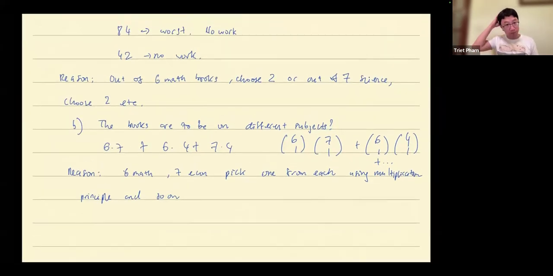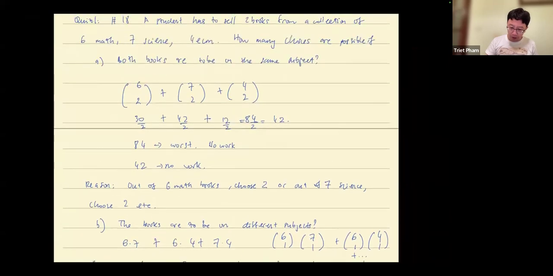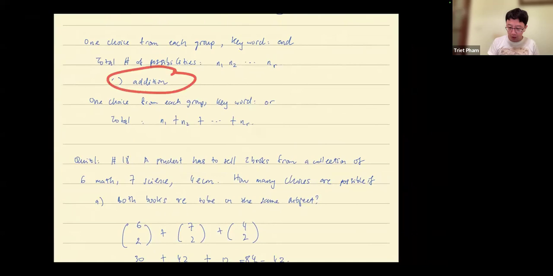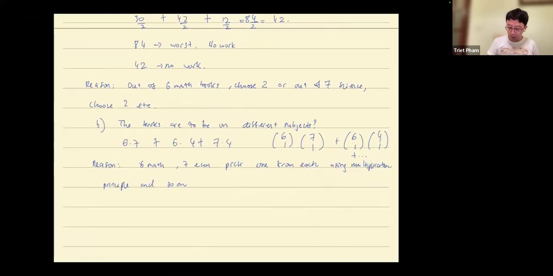All right, any question? And so this question right here demonstrates exactly the principle both on addition and on multiplication. You multiply 6 times 7 because it's, let's say, math and econ.